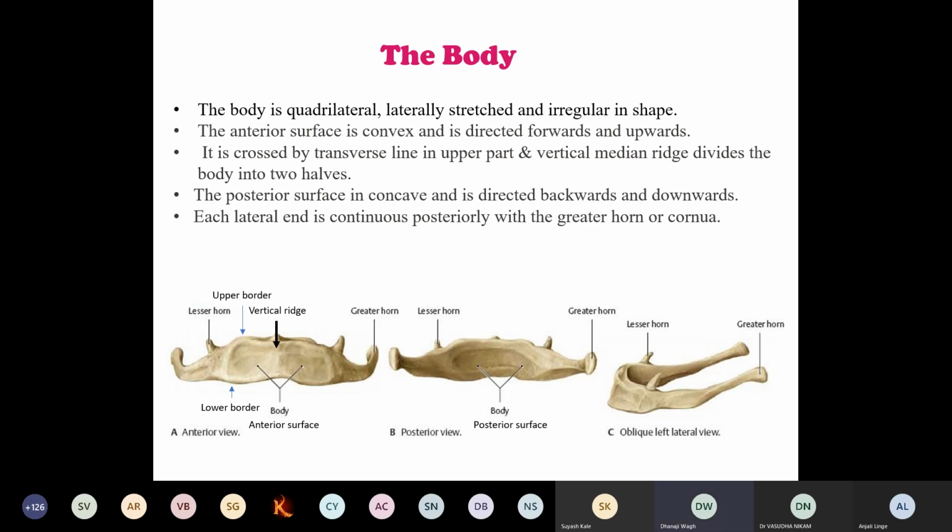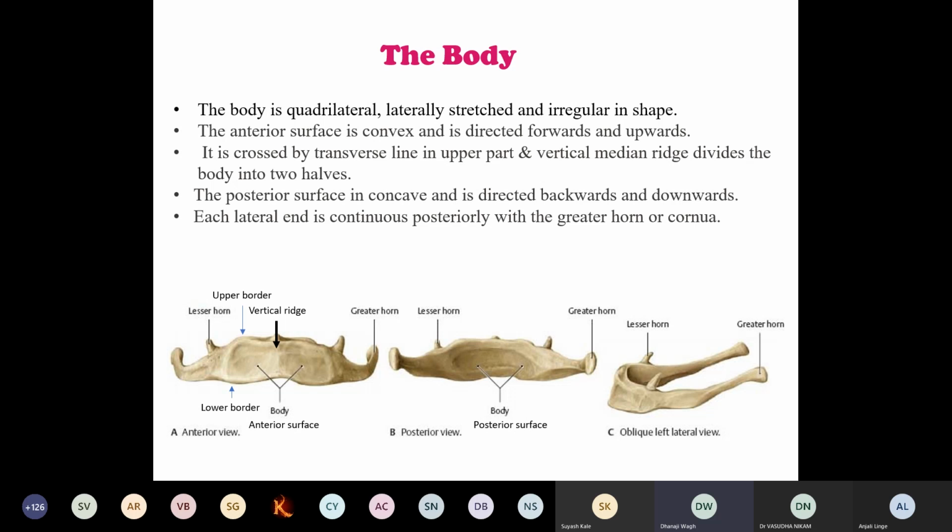On the anterior surface, we see it is crossed by a transverse line in the upper part, and there is a vertical median ridge present on the anterior surface, which divides this anterior surface into two halves.